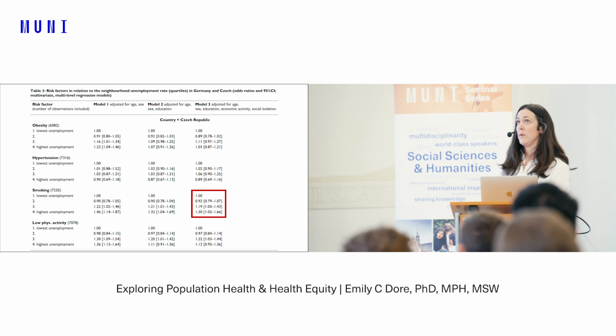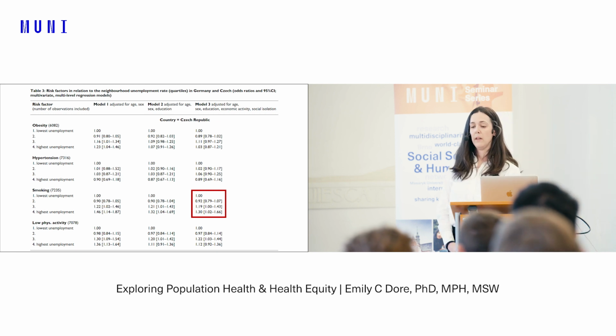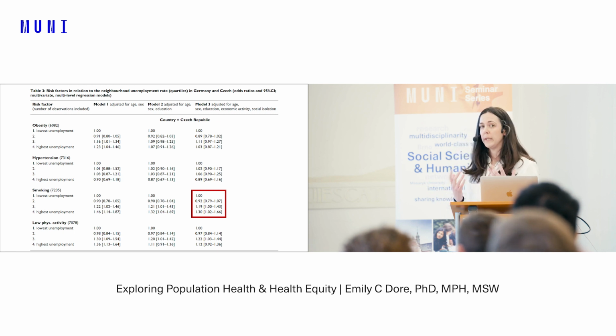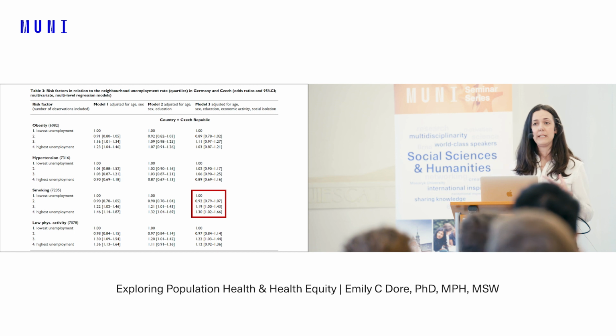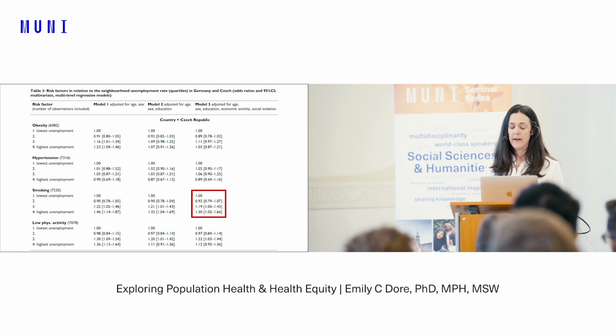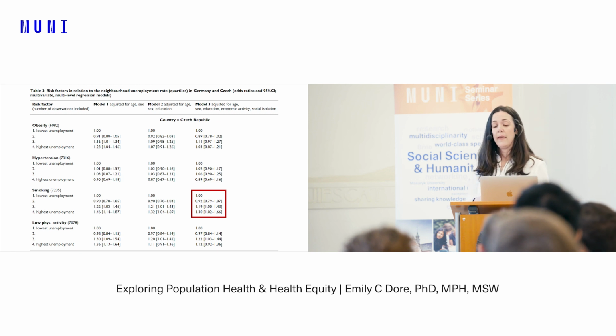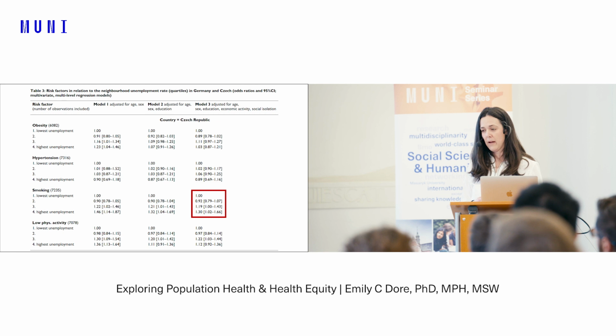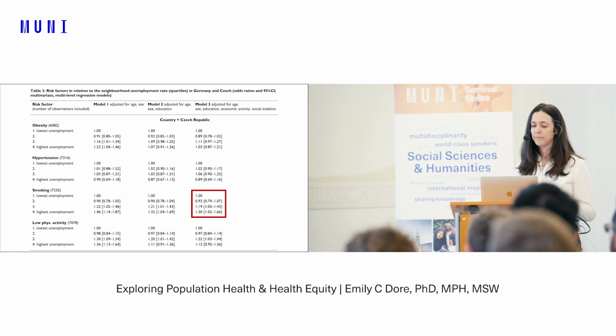For example, in the US at least, more disadvantaged neighborhoods tend to have fewer green spaces, fewer opportunities to safely get some physical activity. They tend to have more exposure to pollution. They also tend to have more advertisements for cigarettes and alcohol.